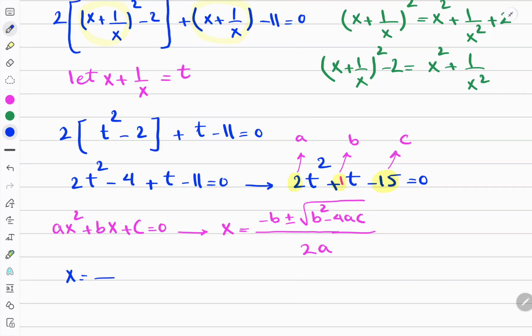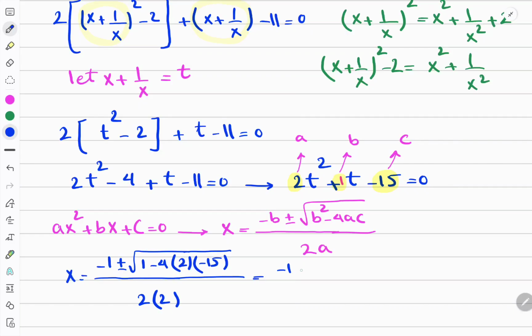So x is negative b, which is negative 1, plus or minus the square root of b squared, which is 1, minus 4ac, over 2a. 4 times 2 times 15 is 120, and positive 1 plus 120 is 121.